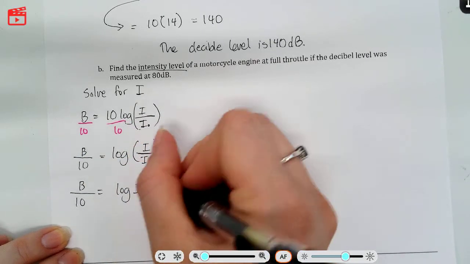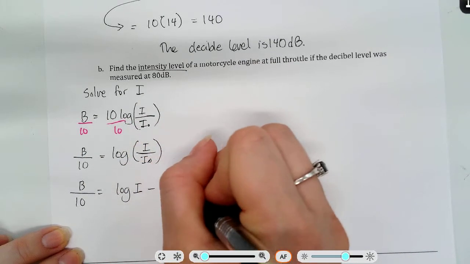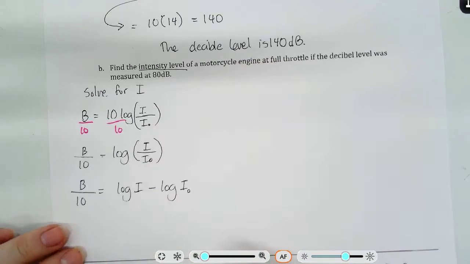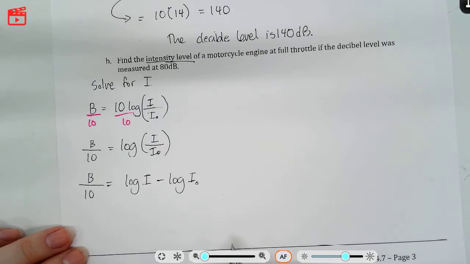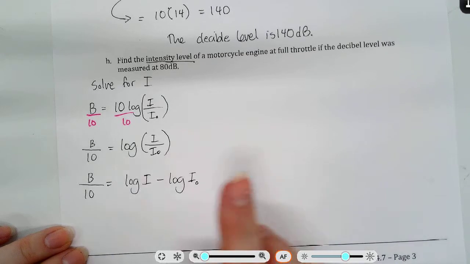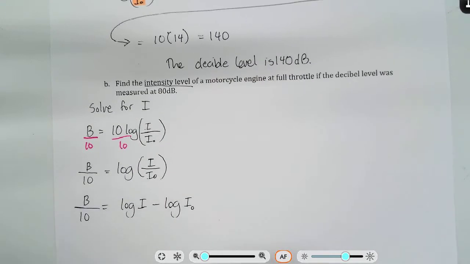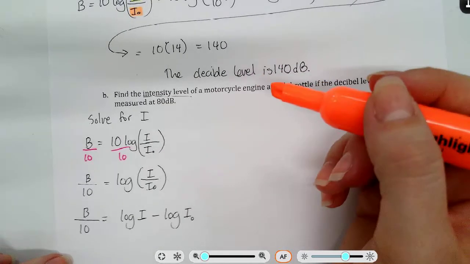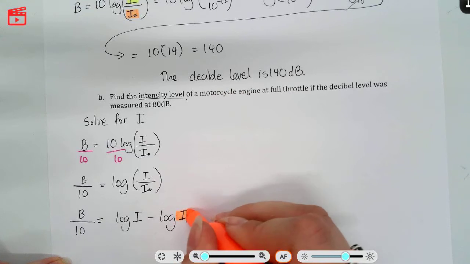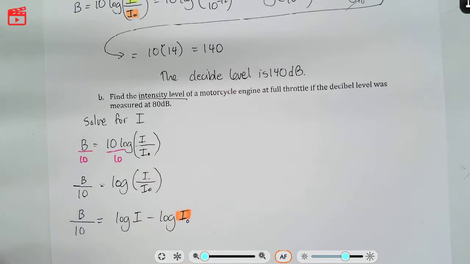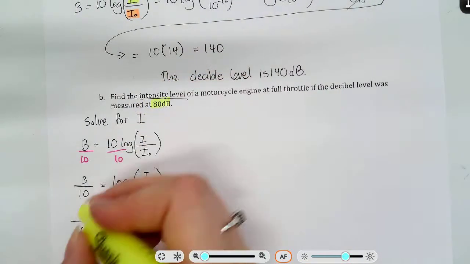Okay, trying to solve for I. So now what I'm going to go ahead and do is plug in my values for I sub 0 and B. So I sub 0, we already know, is 10 to the negative 12. And B is going to be 80.